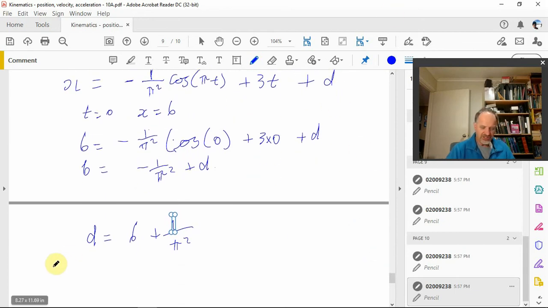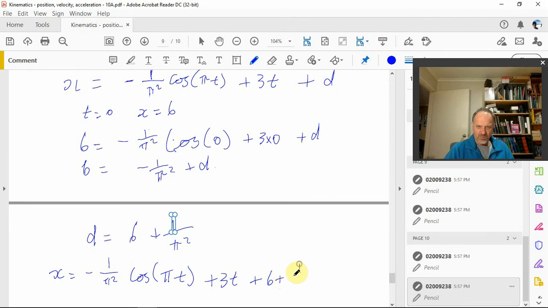All right, so let's put all of that together there. So my position then would be negative 1 on pi squared cos pi t, so I'm looking up here, plus 3t plus the d, and the d we found out to be that. So plus 6 plus 1 on pi squared.